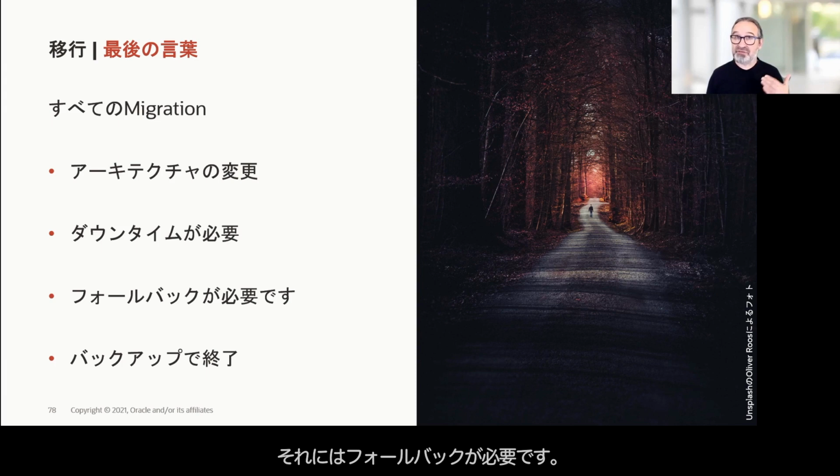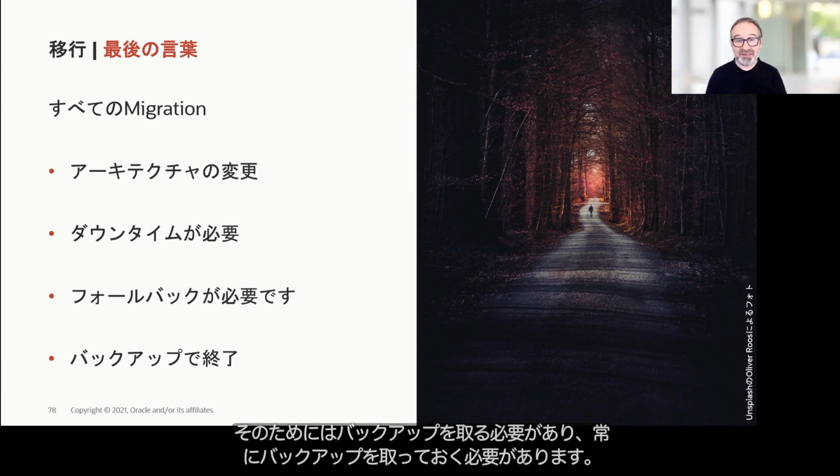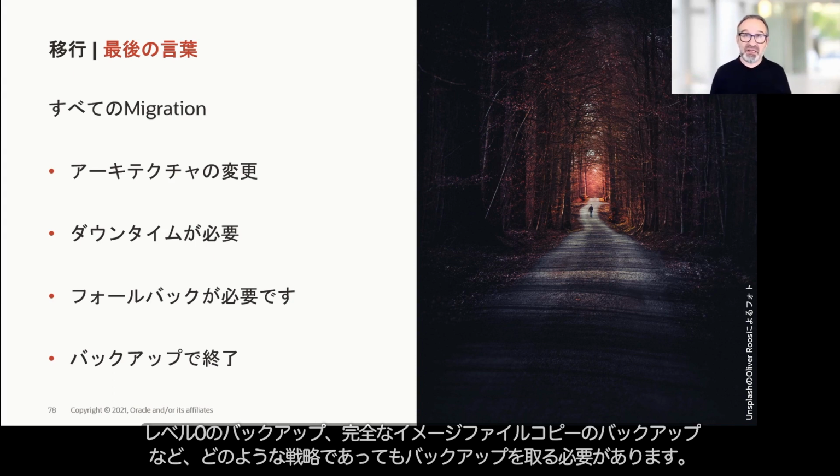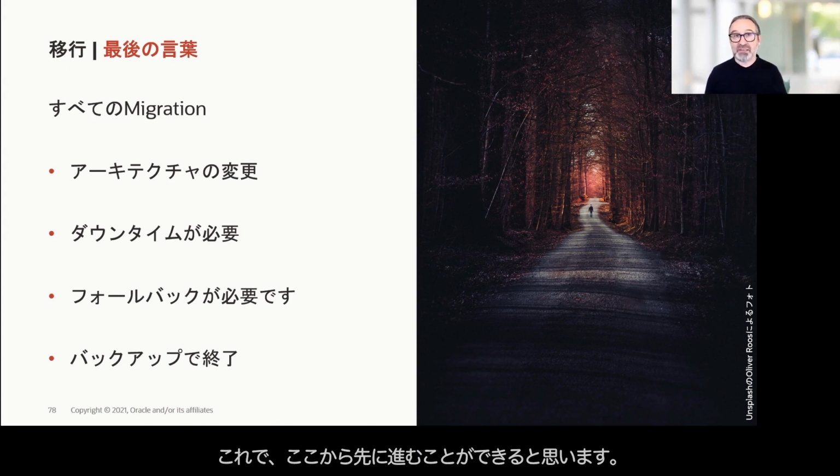It requires a fallback. You should have that in place. And it always ends with a backup. So once you are there, keep in mind, you are now in a new architecture. So you need to take a level 0 backup, a complete image file copy backup, or whatever your strategy is. You need a backup. And with that, I think we go on from here.